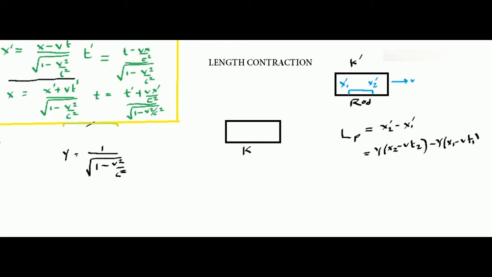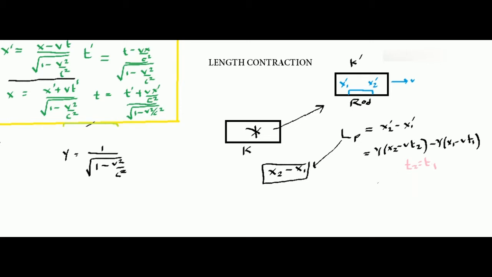Now see that if I do x2 minus x1, then x2 minus x1 is the length of this rod in this frame. Now I assume the person in the K frame measures the length of the rod simultaneously. So if it measures the length simultaneously, then t2 will be equal to t1, because there is a simultaneous measurement of the rod.